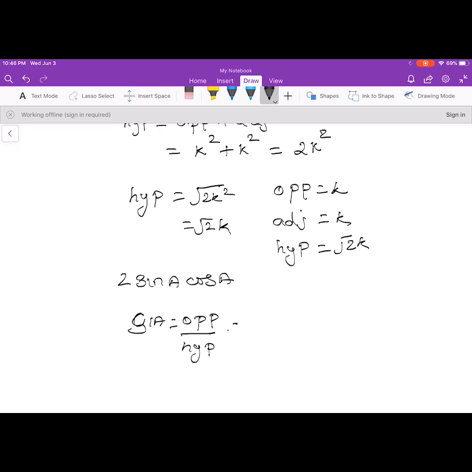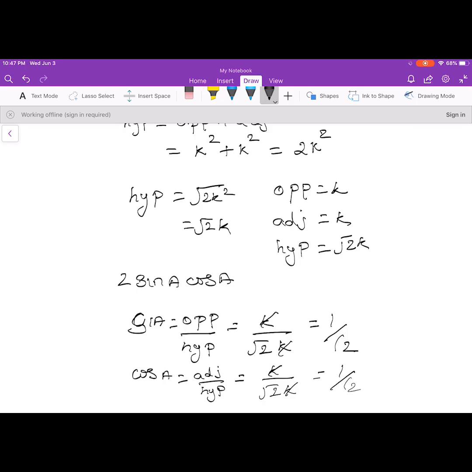My opposite is K and hypotenuse is root 2 K. K gets cancelled, then it is 1 by root 2. Similarly, I will find out cos A, which is adjacent by hypotenuse. Adjacent is K, hypotenuse is root 2 K. K gets cancelled and the value is 1 by root 2.